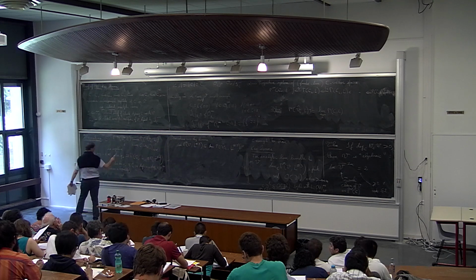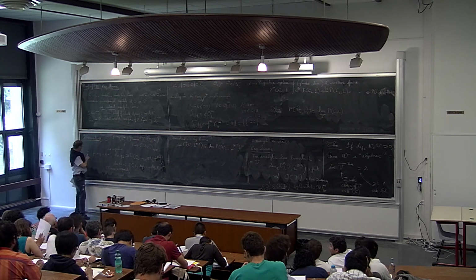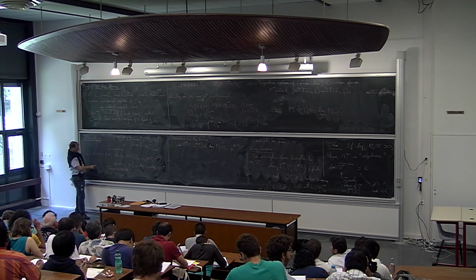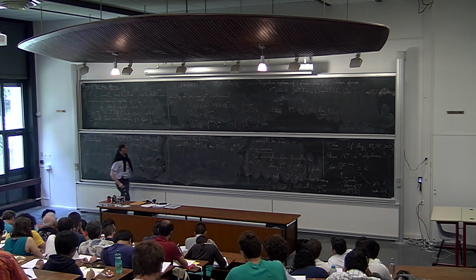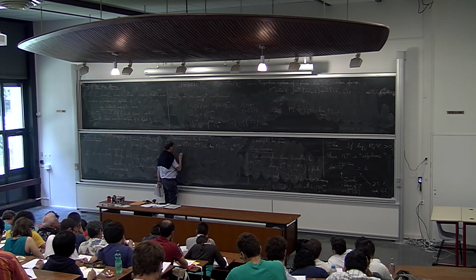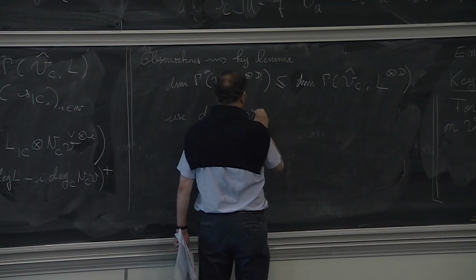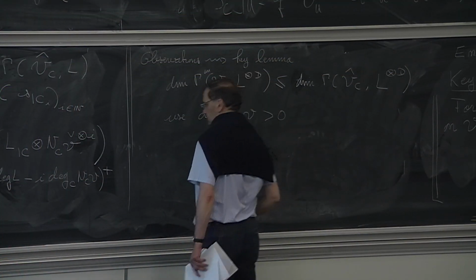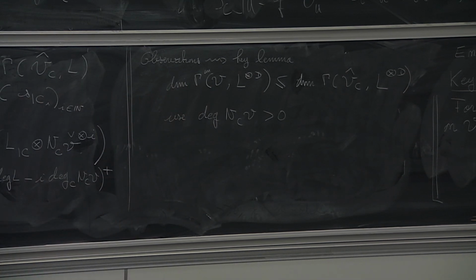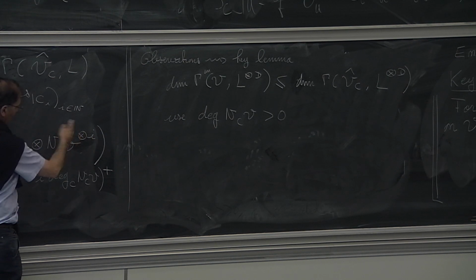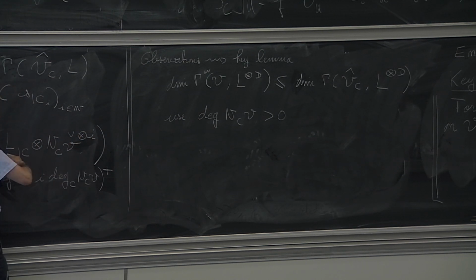So you say, and now you use this second observation and the fact that the degree of the normal bundle is positive. So you see, when L is given, when i is large enough, the degree of this becomes negative. So this space becomes 0. This dimension becomes 0.